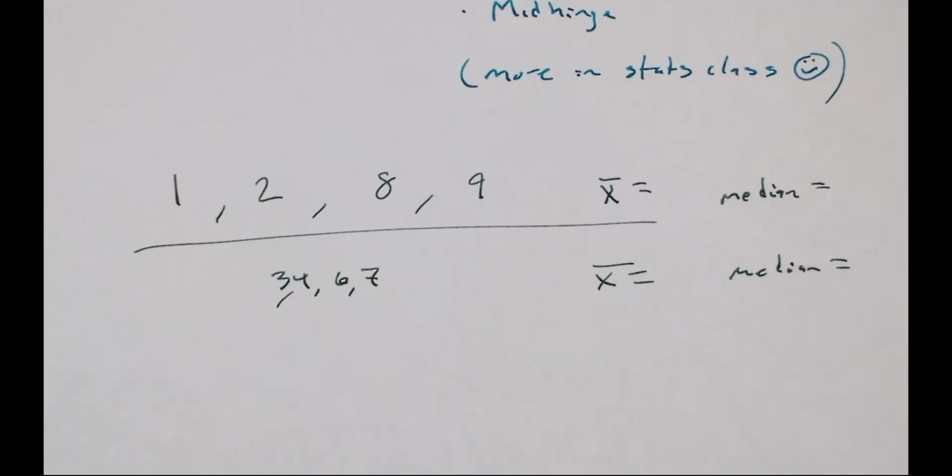One, two, eight, nine, 3, 4, 6, 7. Those are my two sets of data. What's the mean? What's the median for each set?